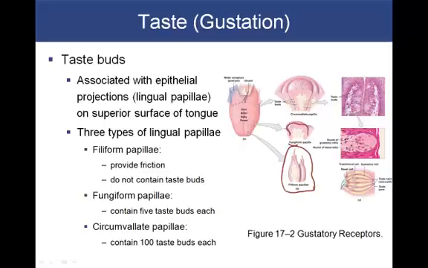And the circumvallate papillae contain numerous taste buds, upwards of 100 taste buds. And we find that the circumvallate papillae are somewhat localized on the superior surface at the posterior portion of the tongue, in a V-like shape.